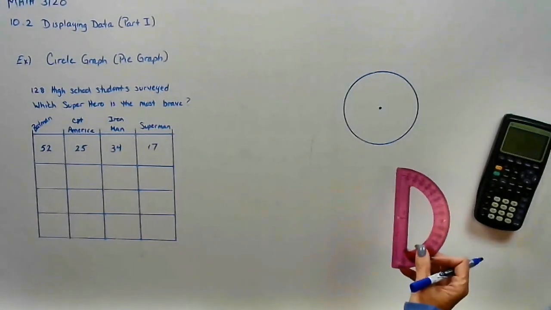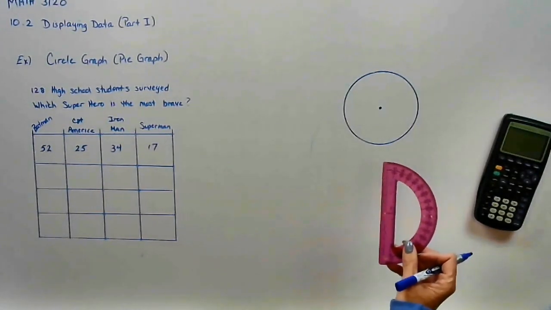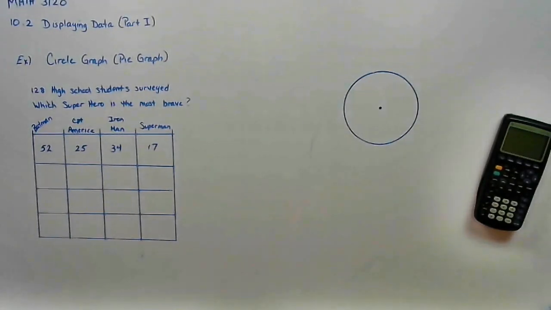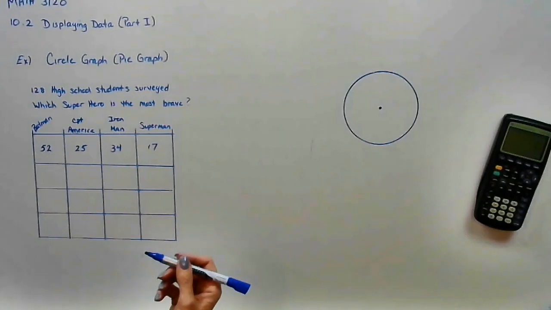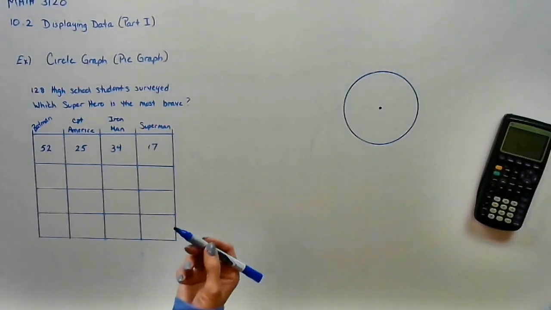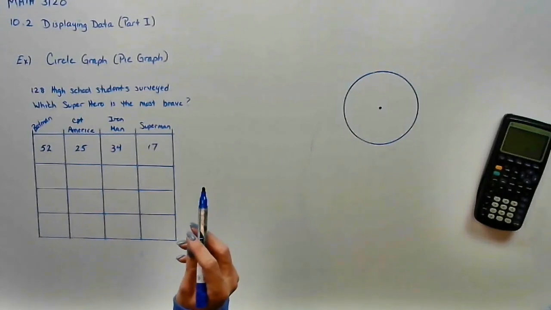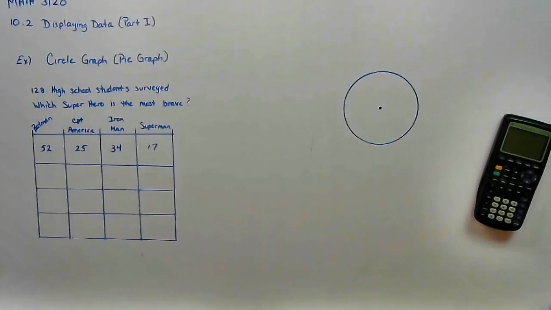Okay, and you need a circle where you've identified your center. So for our purposes, we're going to estimate a little bit. Now the sharper your pencil, the straighter your lines, the more accurate. So mine might be a little thick because my pen is a whiteboard marker, so it's not super fine. All right, so let's go through the calculations first.